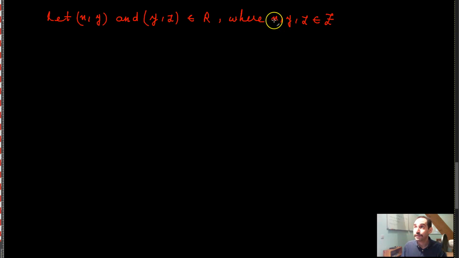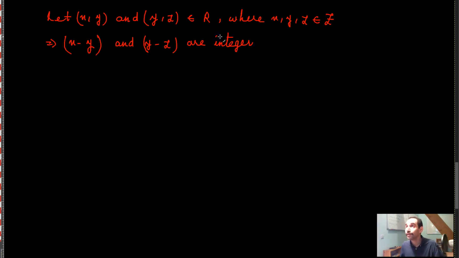Now, if that is the case, then you can say that x minus y and y minus z are integers, right? They are integers.